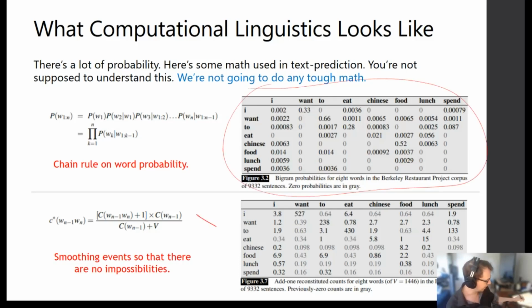Then you can apply functions to smooth things out, so that there are no zero probabilities, so that there's some randomness associated with it. This is the stuff that goes on behind the scenes, and this is far too advanced for a course that isn't in computing science. So this is one side of computational linguistics that we're not focusing on, but this is certainly a big part of it that makes all the systems work.